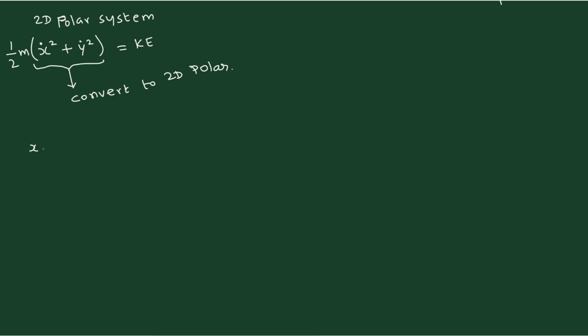We will do the steps only for 2D polar. For 3D polar we will write it down quickly, because only one more term has to be added. We need not do all the derivations.